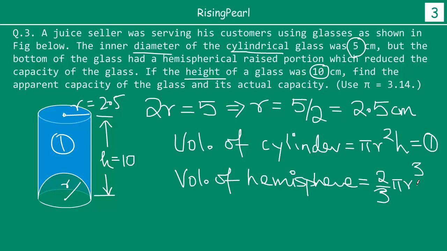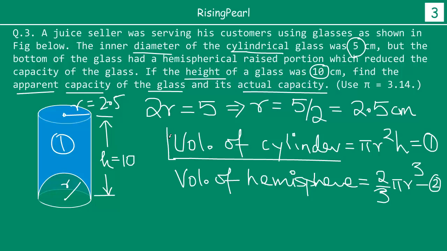If we call this 2, then the question is, find the apparent capacity of the glass and the actual capacity. The apparent capacity is from outside. What does it look like? From outside it looks like the capacity will be the volume of the cylinder, right?